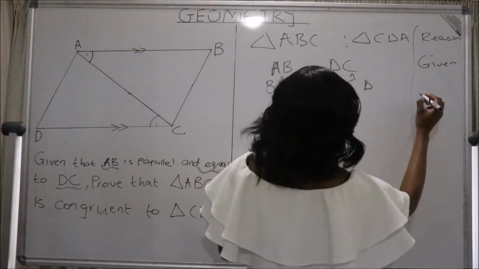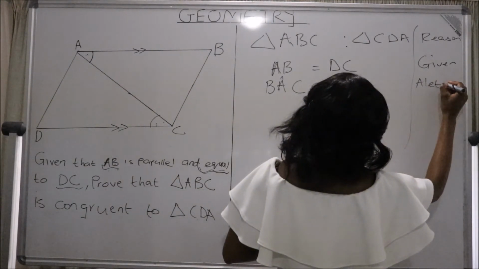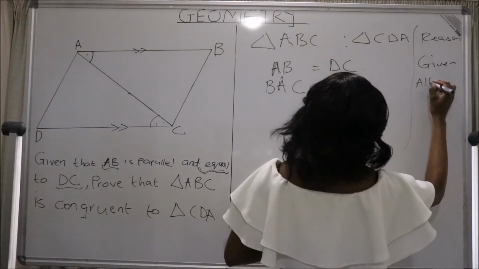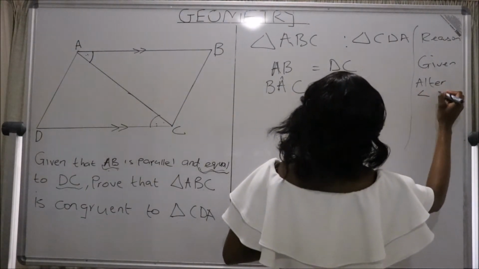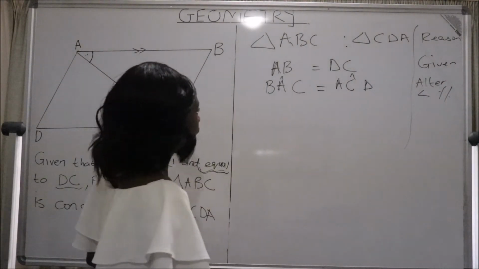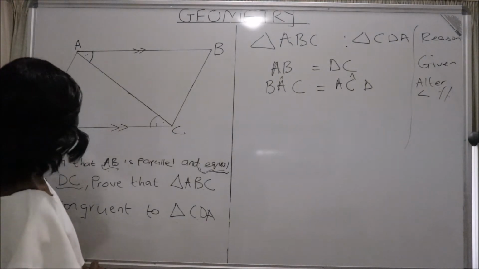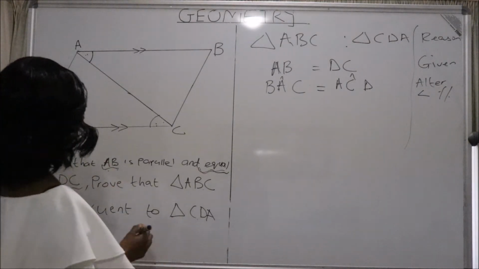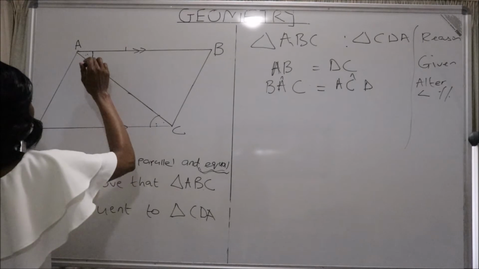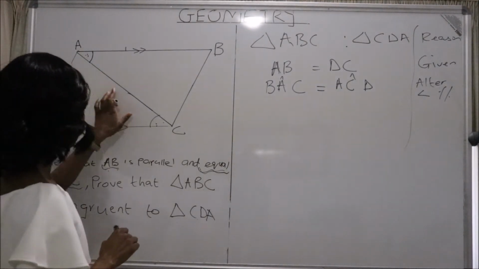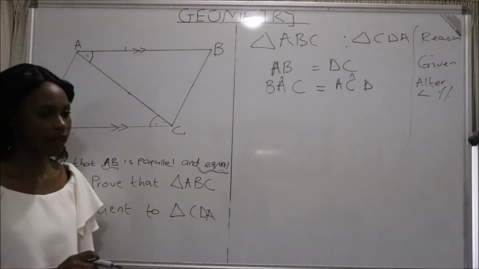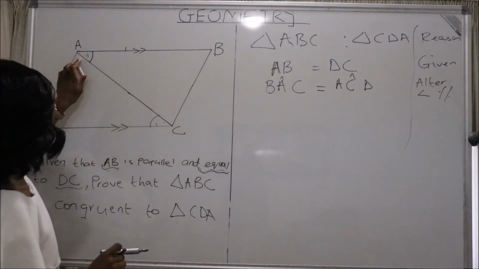This one is equal, with the reason alternate angles, parallel lines. Now we have proven that this is equal and this is equal, so let's prove another thing which could be equal in these triangles.